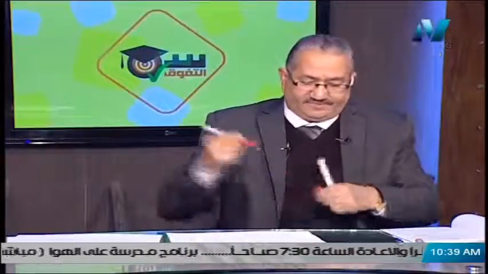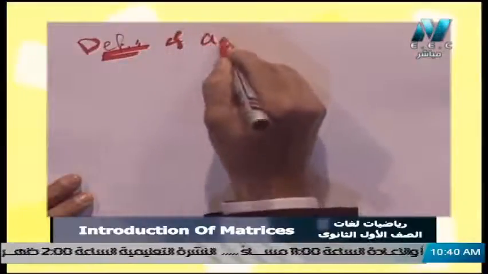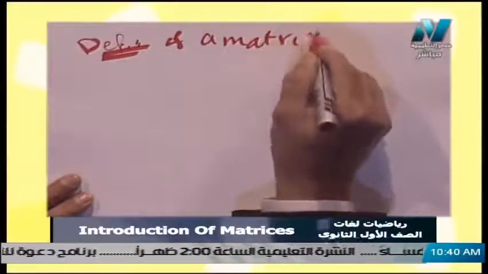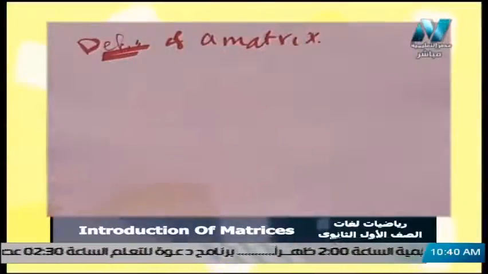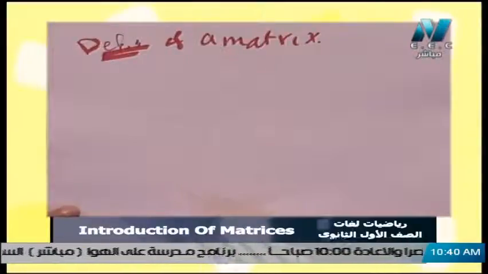What is the definition of a matrix then? Definition. We can define the matrix. What is the matrix? We have already written numbers or elements inside the matrix.